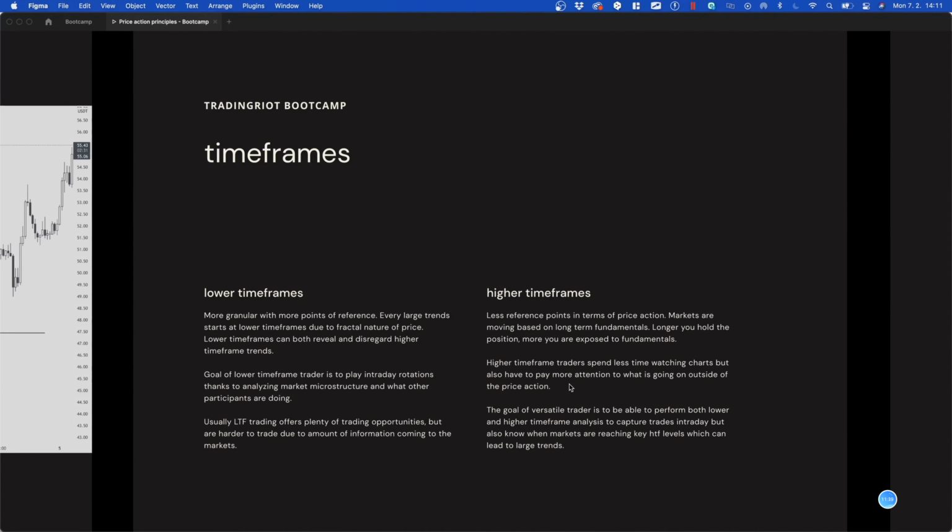Basically, the goal of a versatile trader is to be able to perform both lower and higher time frame analysis to capture trades intraday, but also know when markets are reaching a key higher time frame level, which can lead to large trends. This is a really important thing.